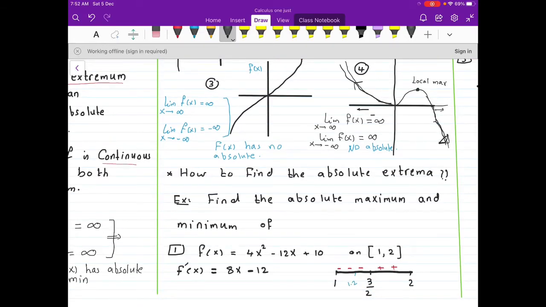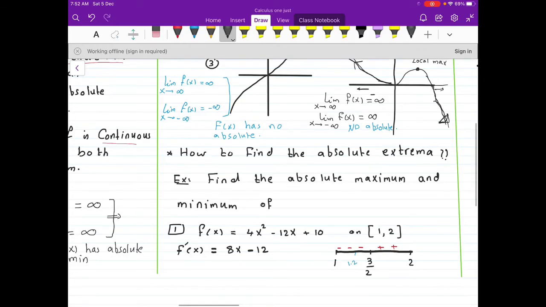So for example, find the absolute maximum and minimum of f(x) = 4x squared minus 12x plus 10 on the closed interval [1, 2]. First of all, find the critical point. f prime of x equals 8x minus 12 equals 0.